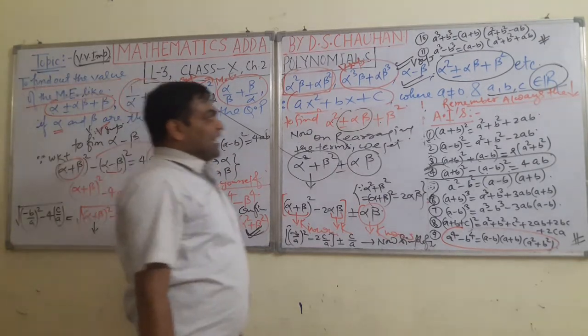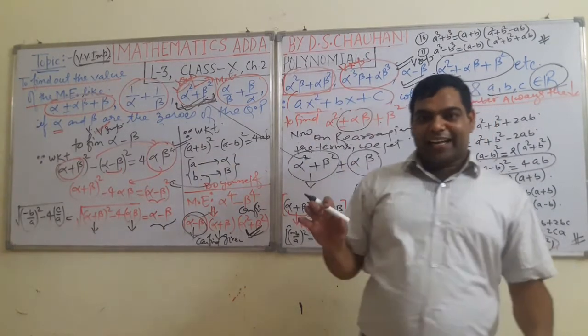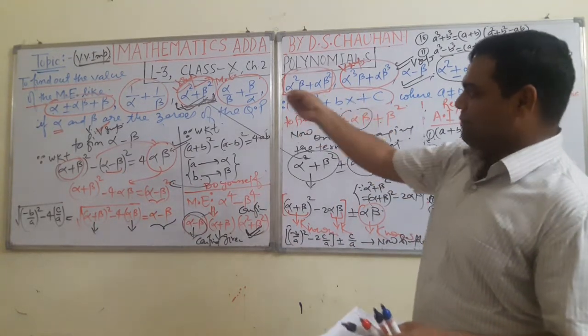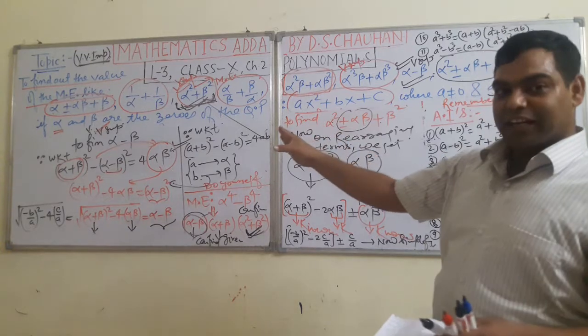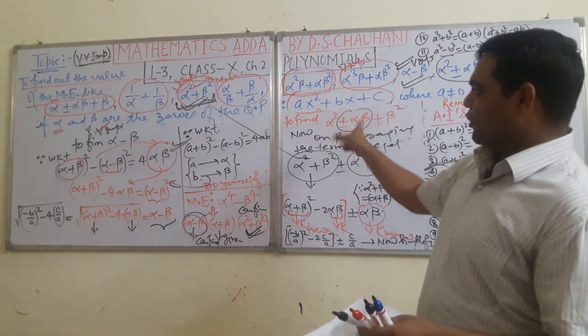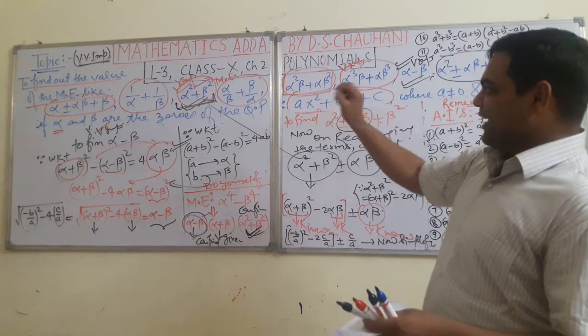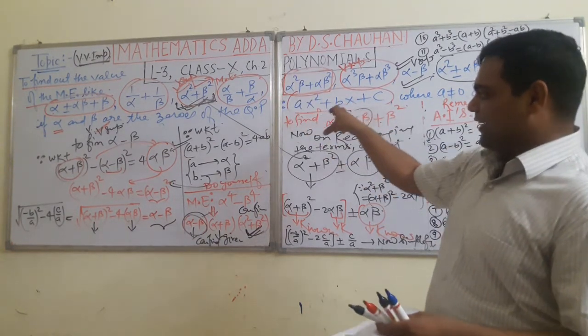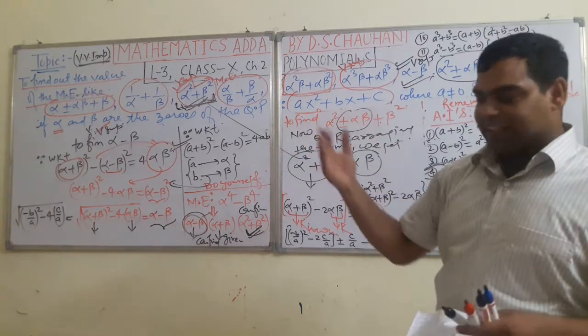So students, here you have seen clearly how we can track down this type of mathematical expressions if alpha and beta are the zeros of the quadratic polynomial, and all these ME stand for mathematical expression. These are based on alpha and beta. Very easily I have explained the things clearly.